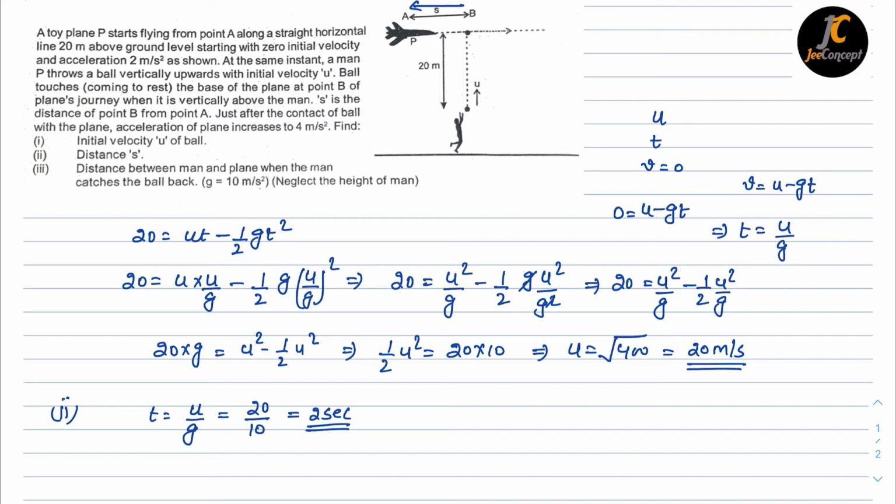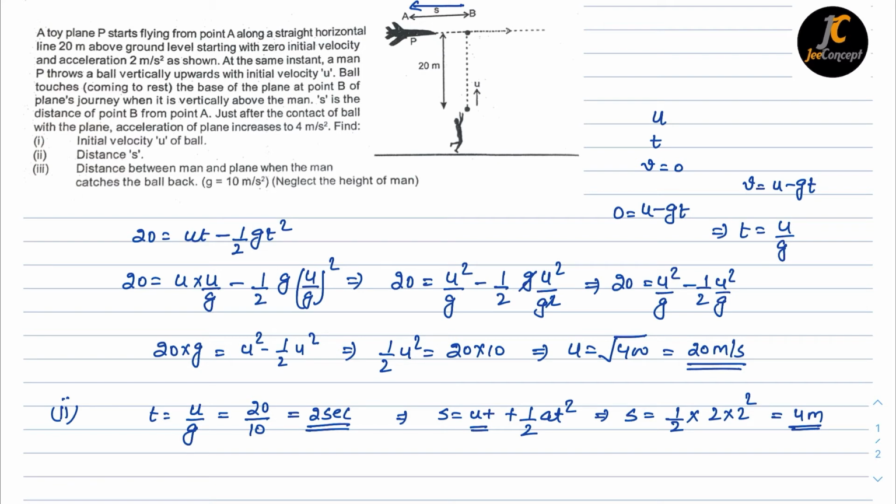And in the same time the flying plane has reached from A to B. So s is the distance covered in 2 seconds, and we can easily find the value of s using the equation s is equal to ut plus half at square. Here u for the airplane is 0, so this component is 0. So s will become half into acceleration, which is given as 2, into 2 square, that means 4 meter. So this is the solution for the second part.